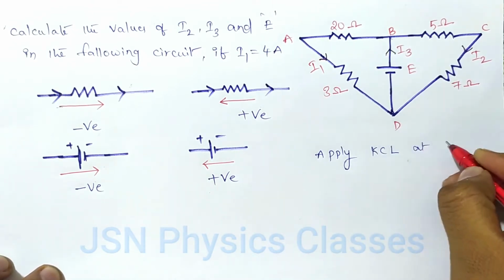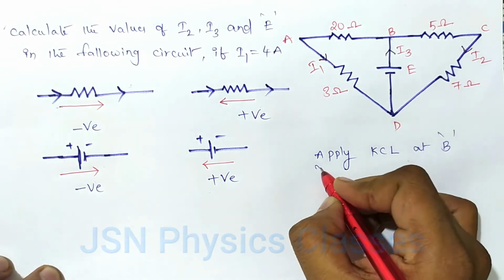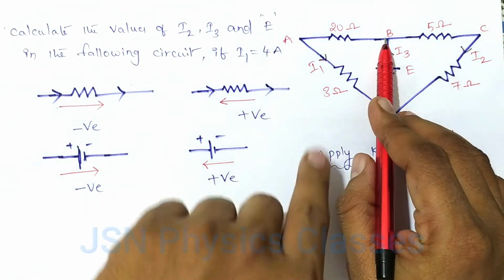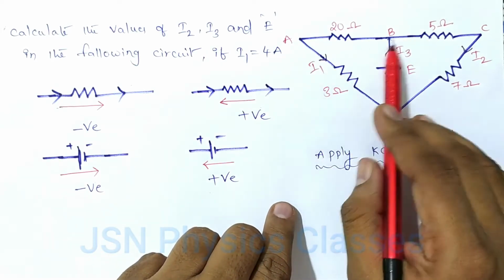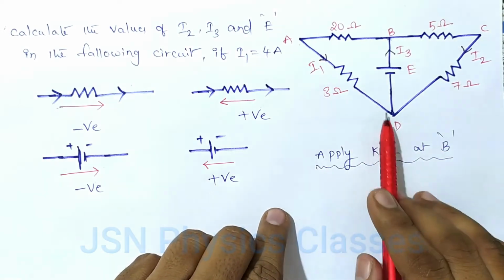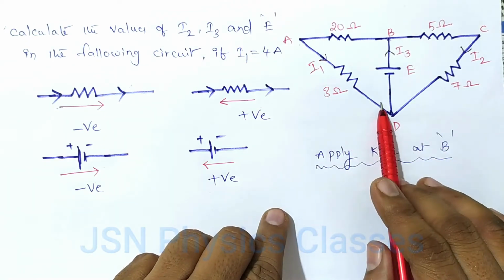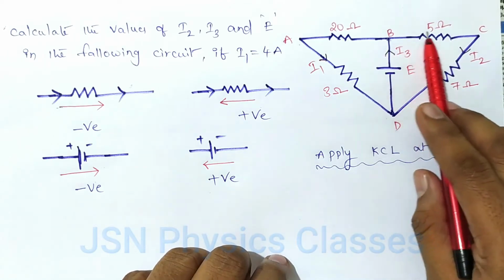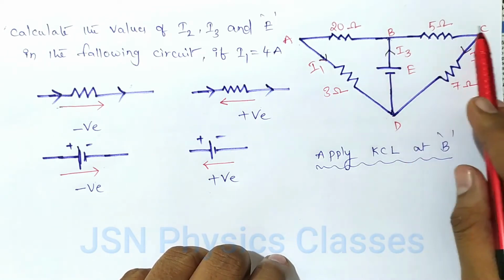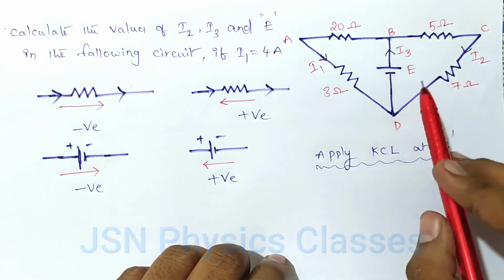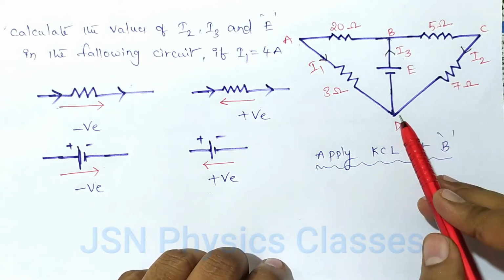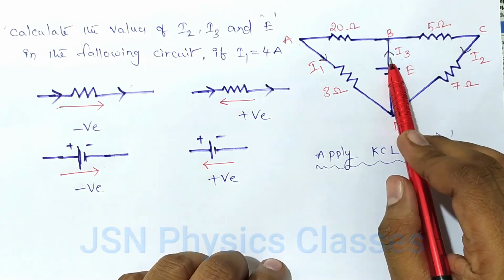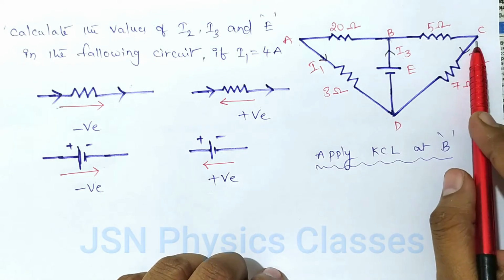If you apply KCL at junction B, observe that the I1 current is passing from B to A and A to D, and similarly the I2 current is passing from B to C and C to D. But the I3 current is passing from D to B. That means this I3 current is splitting into two parts, I1 and I2.